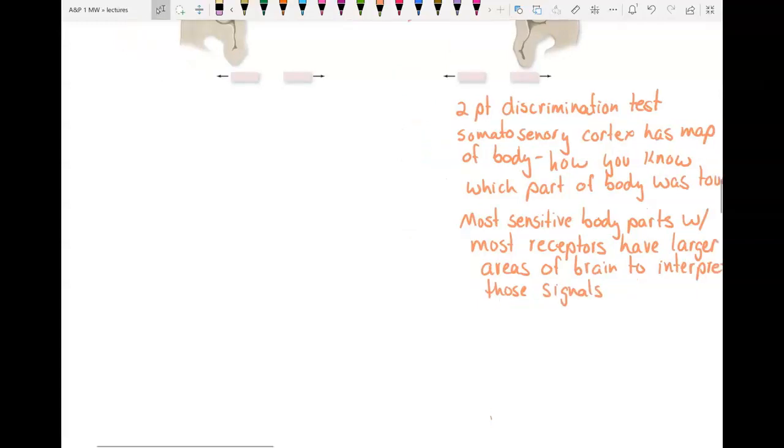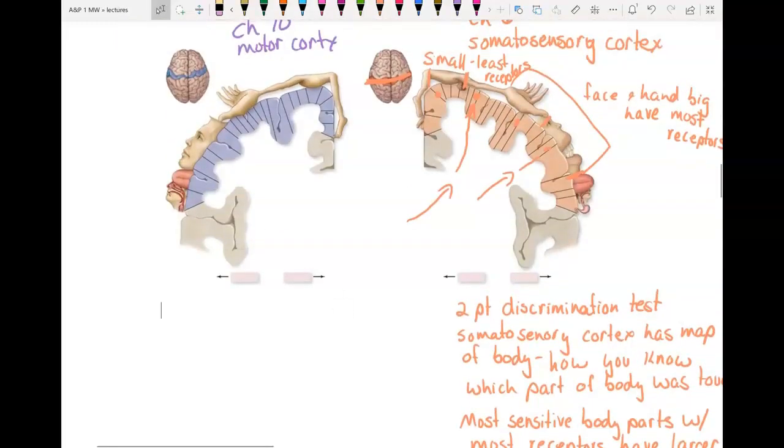Okay, then if we go look at the motor cortex. So think about in chapter 10, we talked about motor units. Remember, a motor unit is one neuron and all the fibers it controls.